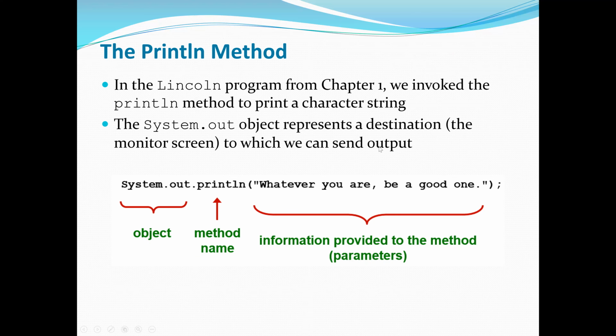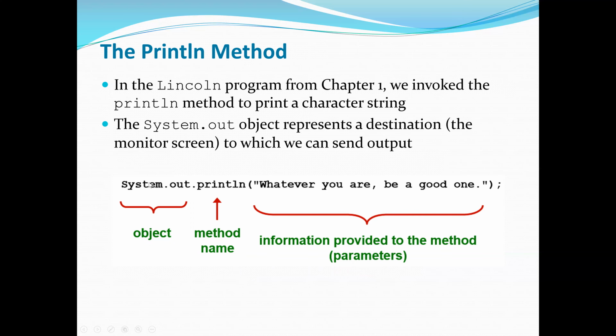In that program, we invoke the println method to print a character string. So we saw that in our program, we have System.out.println. This is an expression to print something on our screen, a console application. Now we can see here, we say "Whatever you are, be a good one." It's in double quotation, so this means the information here is a string.